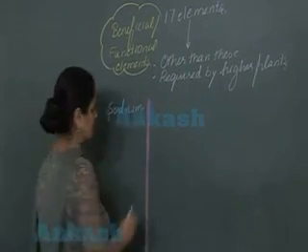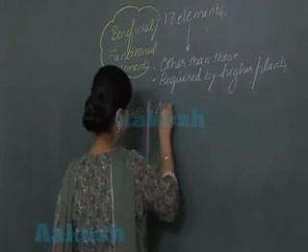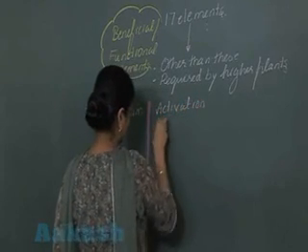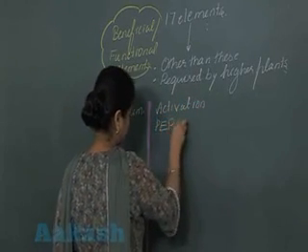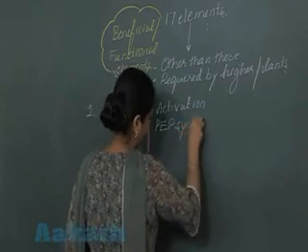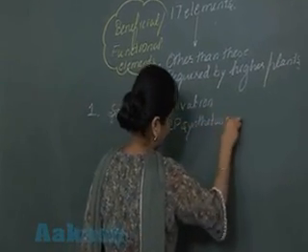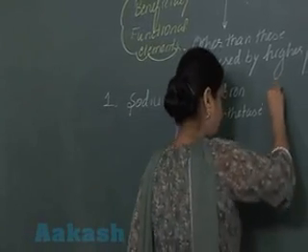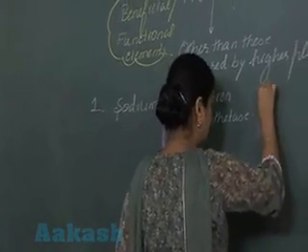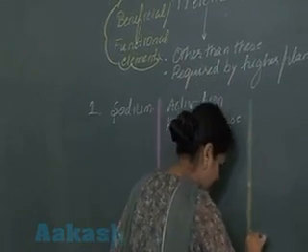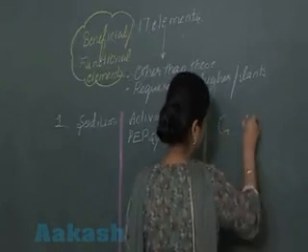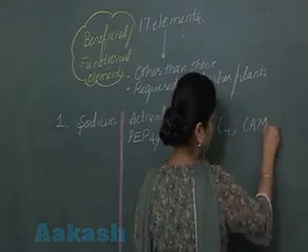Now sodium is required for the activation of the enzyme PEP synthetase. This element is required for the activation of this enzyme, and this enzyme is involved in the photosynthetic pathway of C4 and CAM plants.